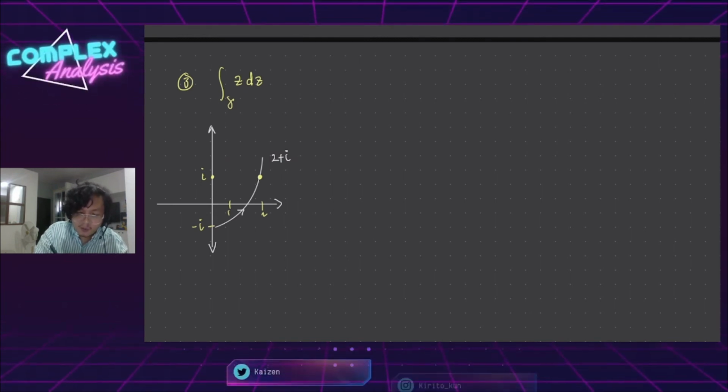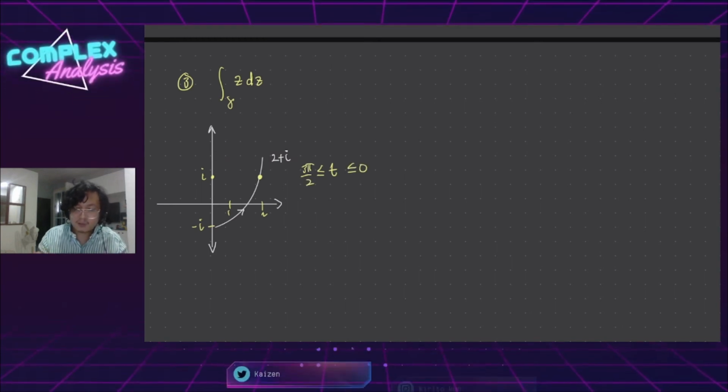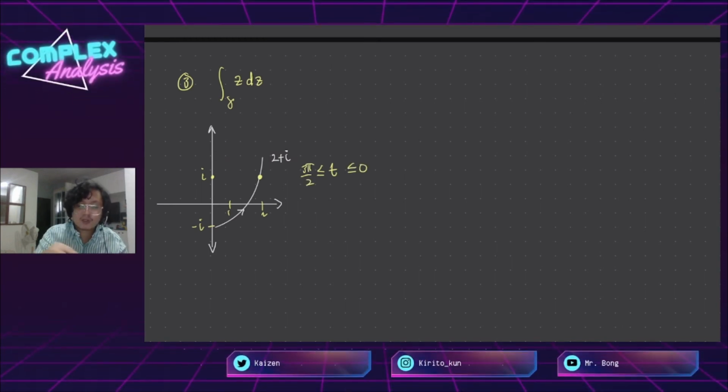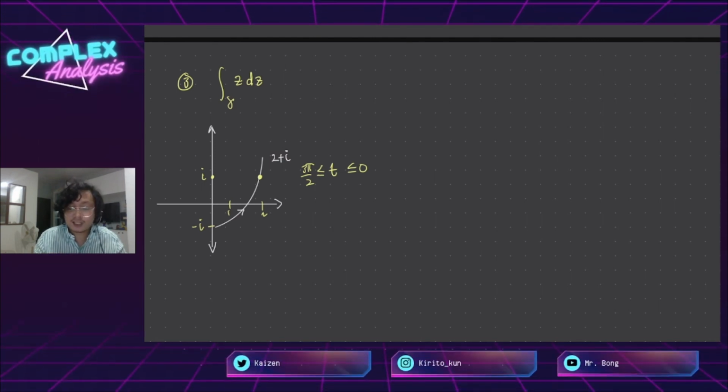So therefore, we have t is greater than or equal to 3 pi over 2, but less than or equal to 0. But before we solve that, let's write the formula for solving complex line integrals.